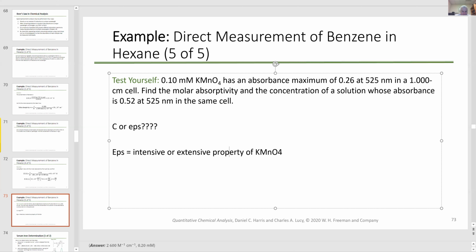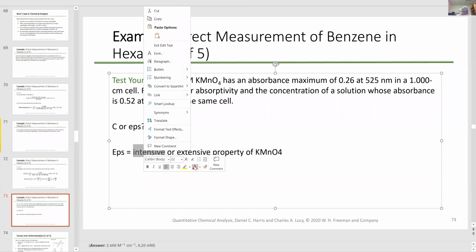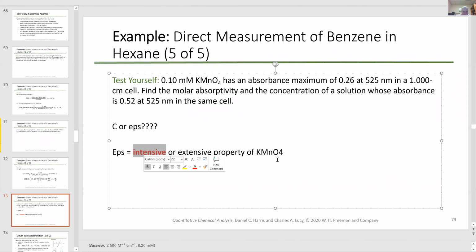So for example, if I go to Mars and I synthesize some potassium permanganate, and I measure the extinction coefficient, will that be the same as the extinction coefficient that Kareem measures for permanganate on Earth? Van, do you know the answer to that? I think it's the same. Excellent. That's an intensive property.